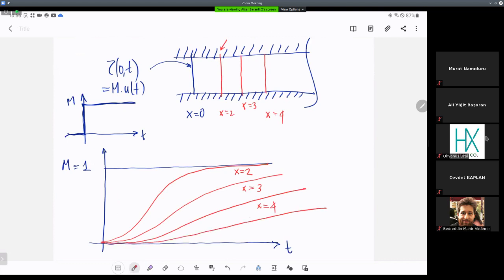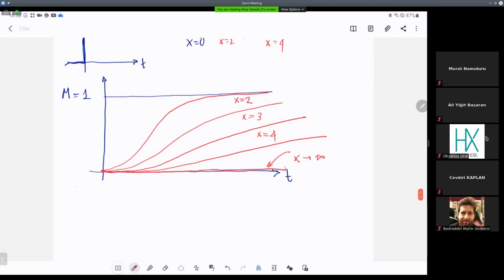Obviously at x equal to infinity, nothing happens, you get no response at all at infinity. You can also check also for fixed time.